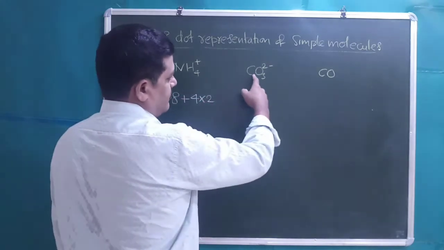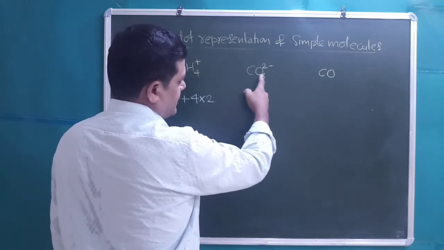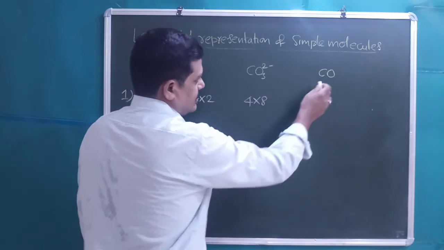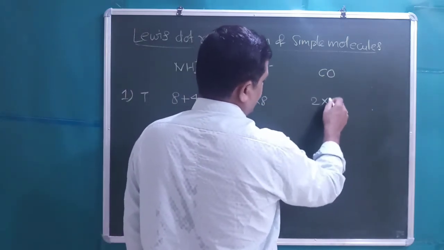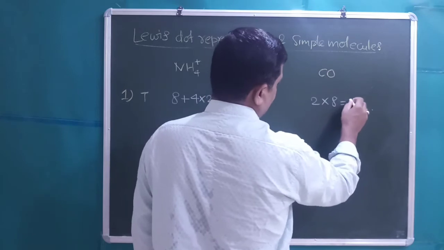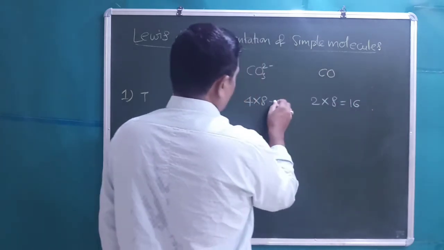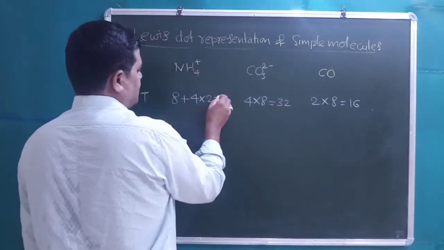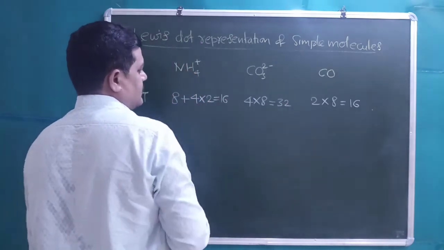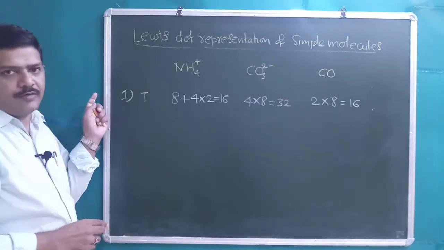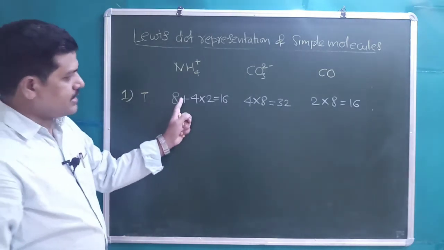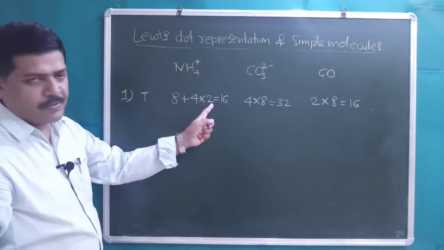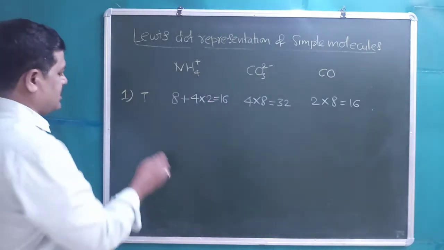For carbon 1 atom and oxygen 3 atoms, total 4 atoms, 4 into 8 for octet. For CO, 2 atoms, each octet completed, 2 8s are 16, and 4 8s are 32. Here 8 plus 8 is 16. So we calculate the total number of electrons by assuming the octet of each atom is completed. For hydrogen it is a duplet, 2 electrons in the outermost shell.